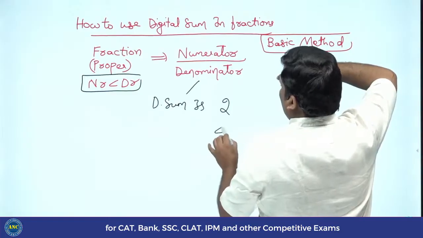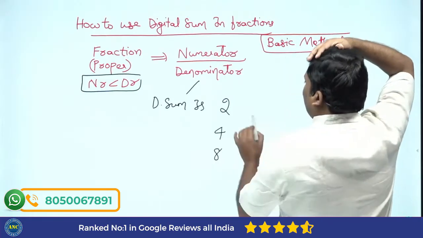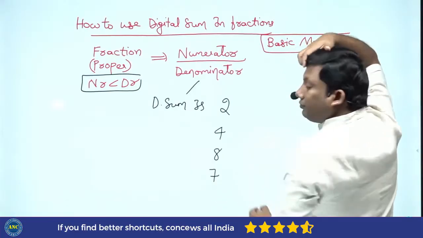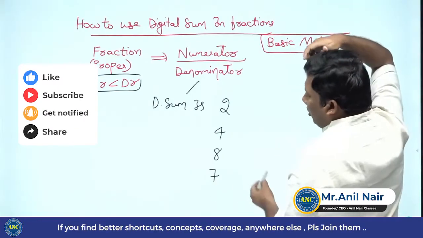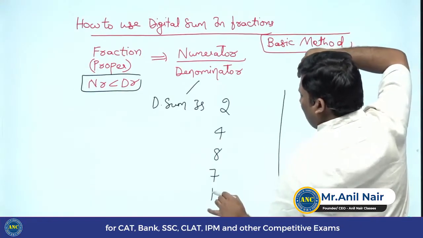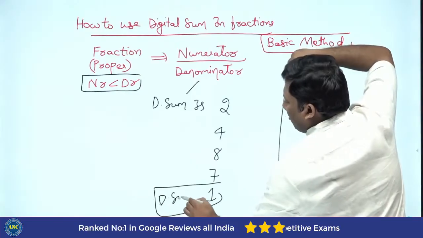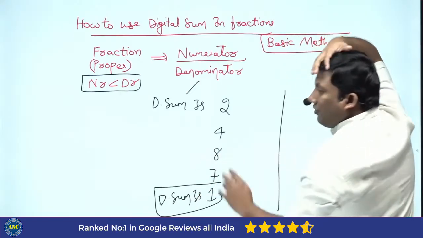2, 4, 8, or 7. The next case is, if it is 1, you don't need to do anything. Digital sum 1 means it will become a very easy thing.